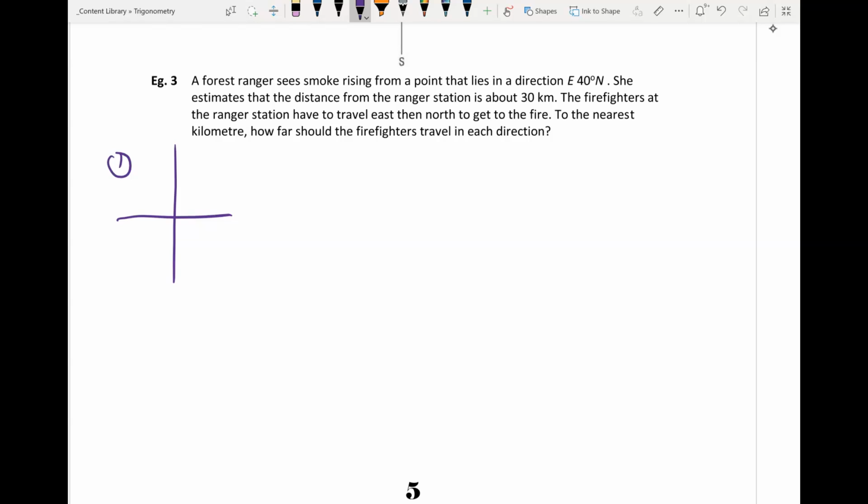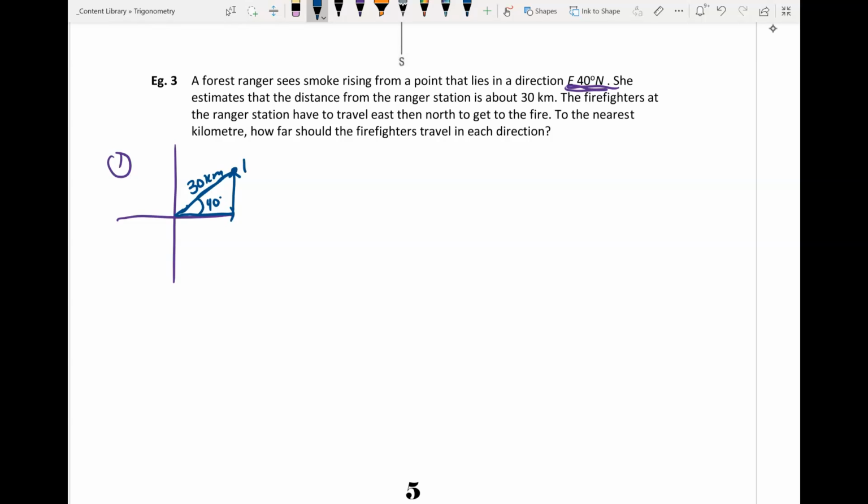We've been given a piece of information here, east 40 degrees north. So that means we're going to go east first, and then north. And this creates an angle of 40 degrees. And this distance from the ranger station is about 30 kilometers, which is our R in this case.